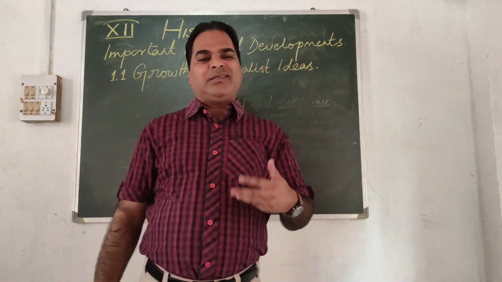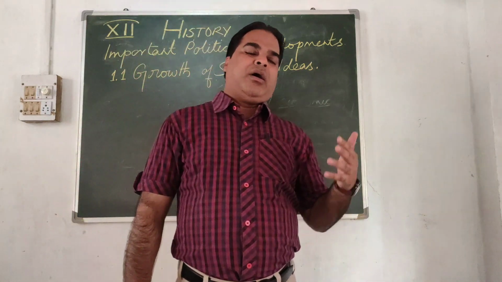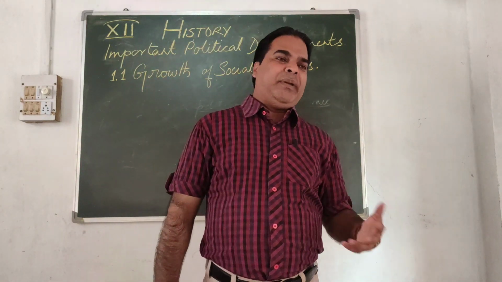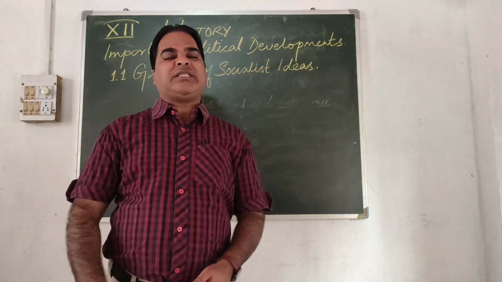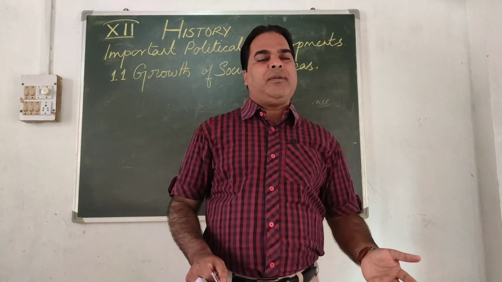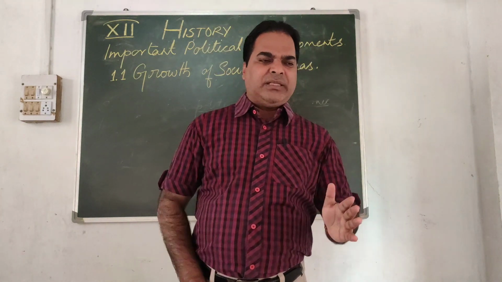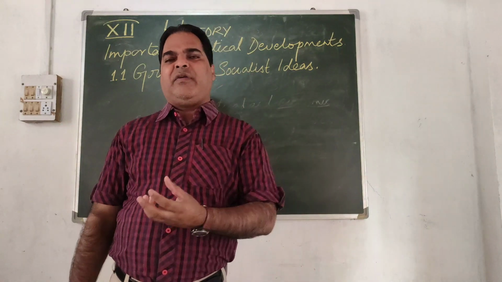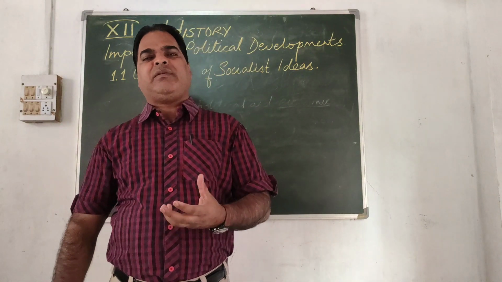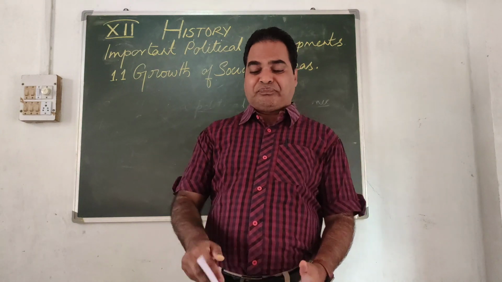That is why he resigned from the Indian National Congress and started a new party based on socialism, which was known as Forward Bloc. This Forward Bloc continued the struggle to free the country from British rule. It doesn't mean that Forward Bloc had a different objective; its objective was to free the country from British rule.